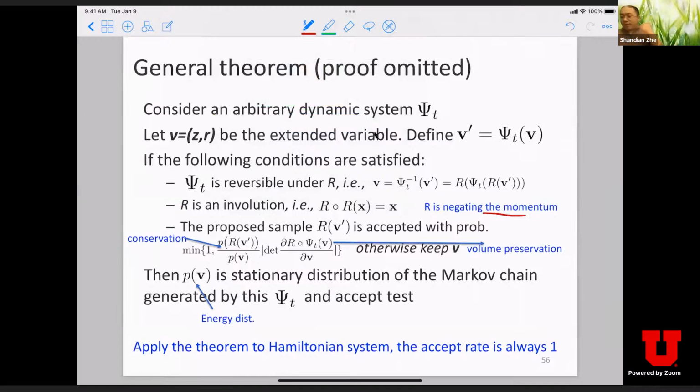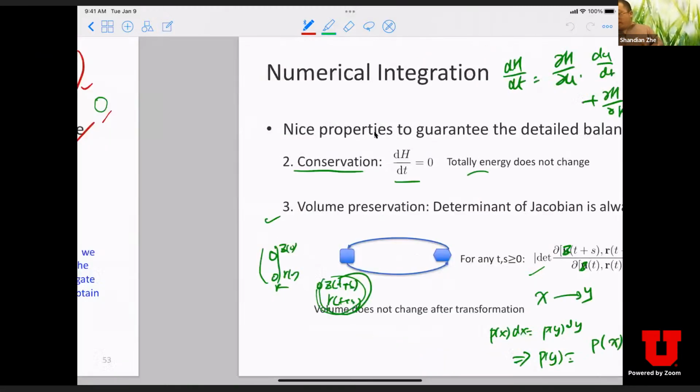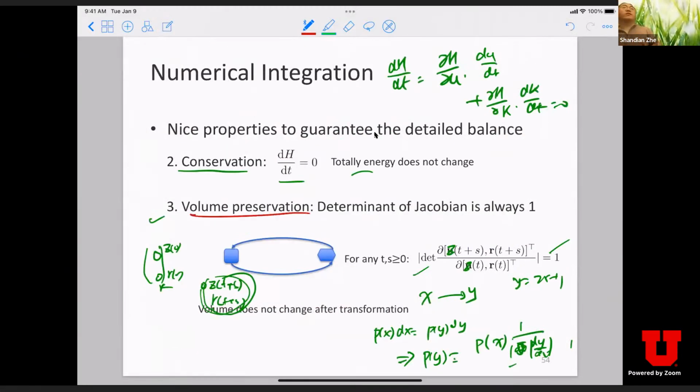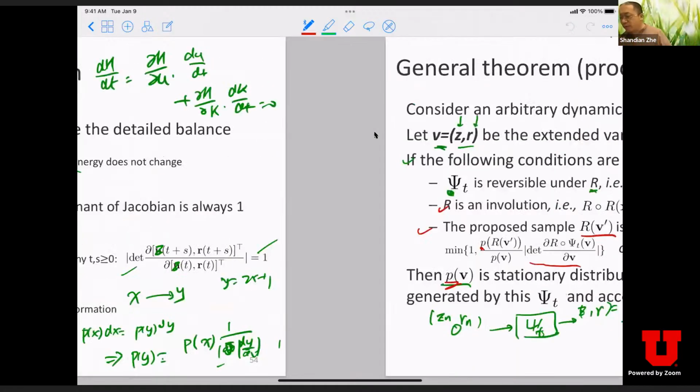For the acceptance test, according to the properties of Hamiltonian systems, this determinant is always 1. We just discussed this, it's called volume preservation. No matter how long you evolve your system, the determinant of the Jacobian of your state with respect to the previous state is always 1.